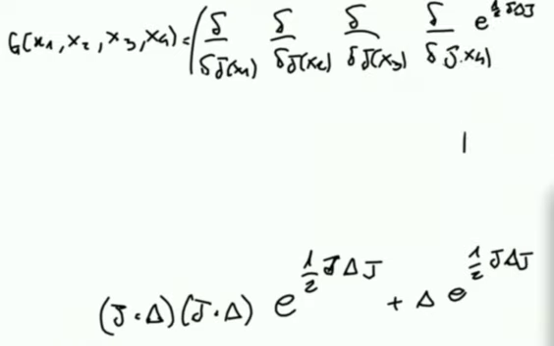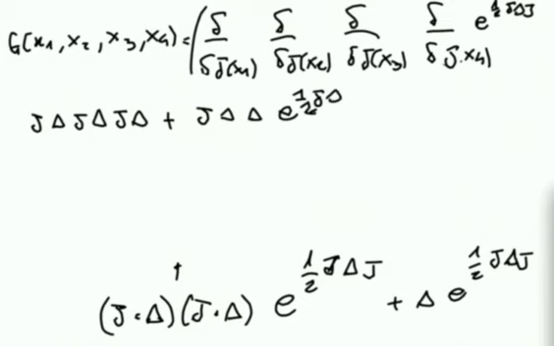Let's see, I go from here up, and I will get a j delta, j delta, j delta. Then I will get a j delta delta e to the 1/2 j delta j. That's when I act here. And I guess I get 2 of them.